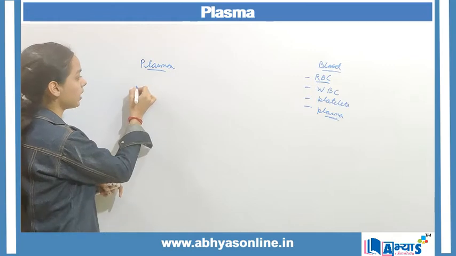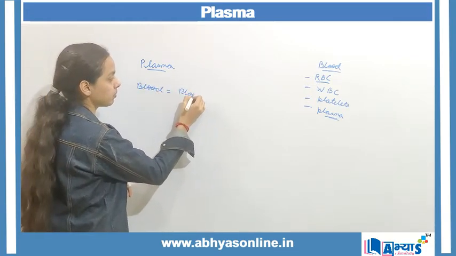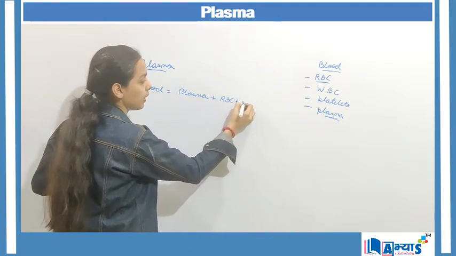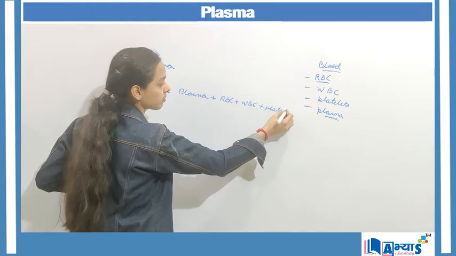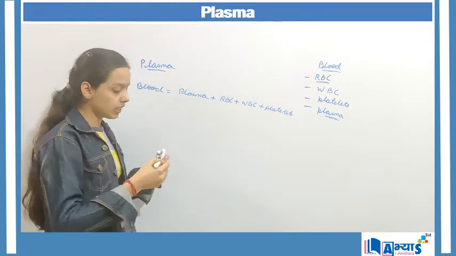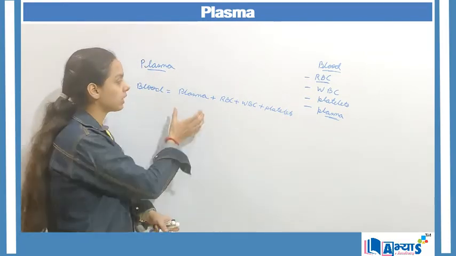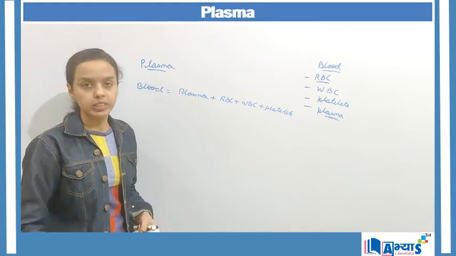So we can say that blood contains plasma along with RBCs plus WBCs and platelets. When you remove all these other three components of blood, you will be left with a clear yellowish colored fluid, which is referred to as plasma.